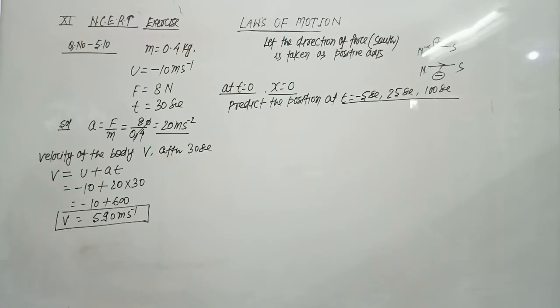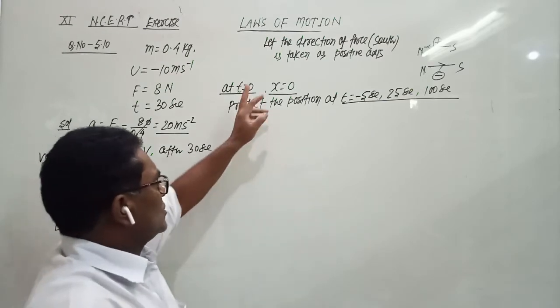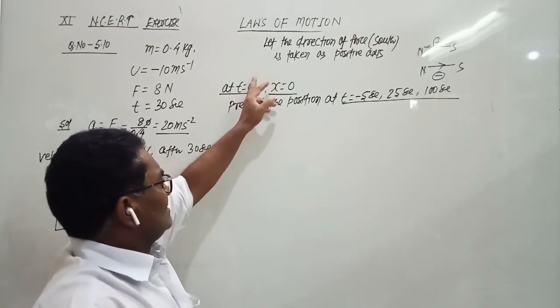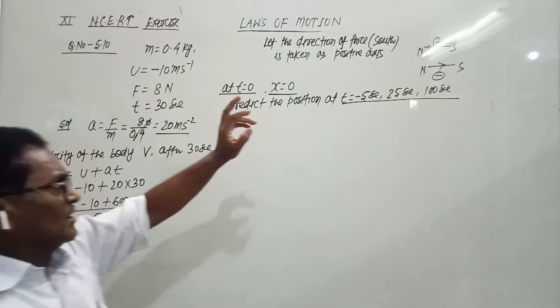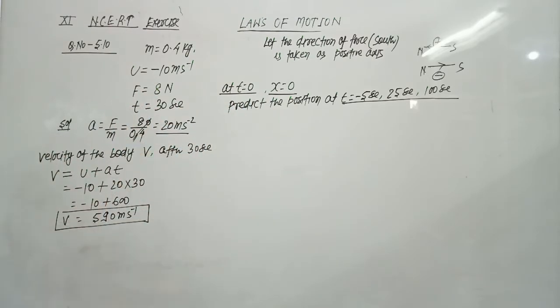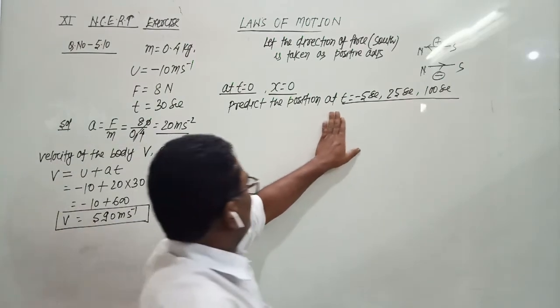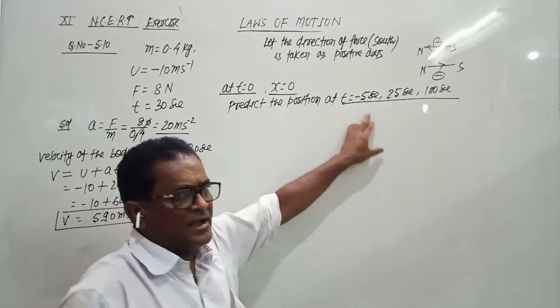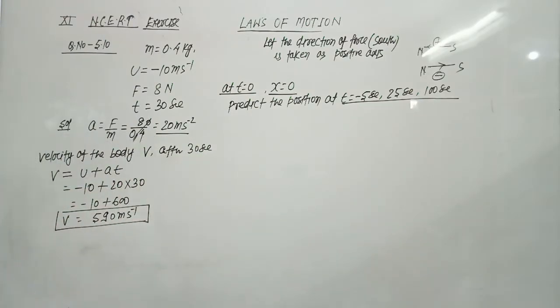In the question we are given that when the force is applied, at initial time t equals 0, the position is x equals 0. The first part we have to calculate is the position of the particle at time t equals minus 5 seconds.